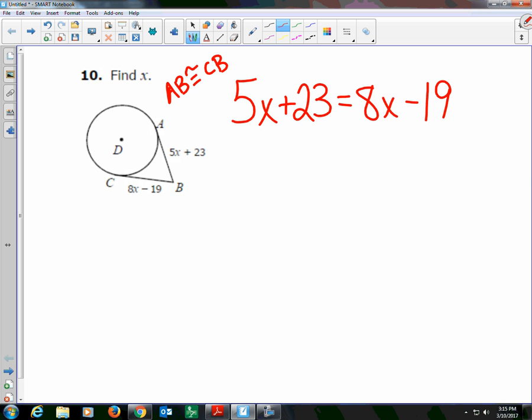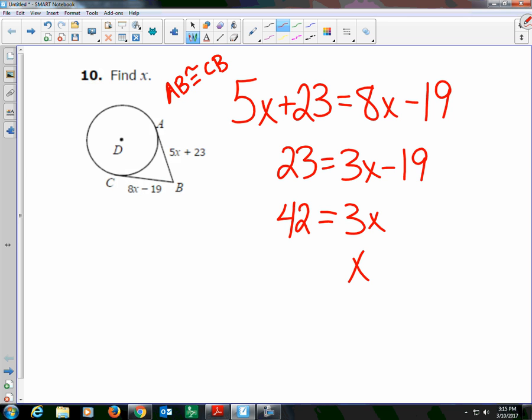So subtract 5x from both sides, and then add 19 to both sides. And when I divide by 3, I get x is equal to 14. And if you were to plug 14 in for x for each of those, you should get the same measure.